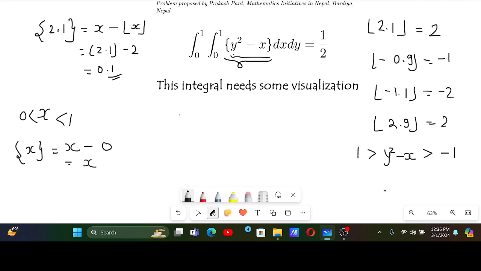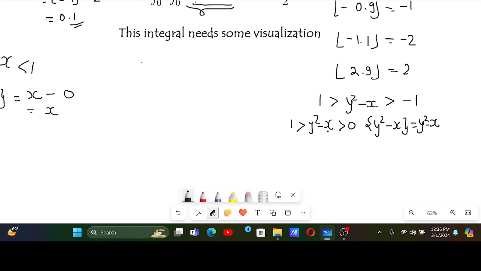But whenever it's in between 0 to 1, in that case we can open the fractional part as the number itself, y square minus x, because in that case our floor will just be 0, so minus 0 means y square minus x.